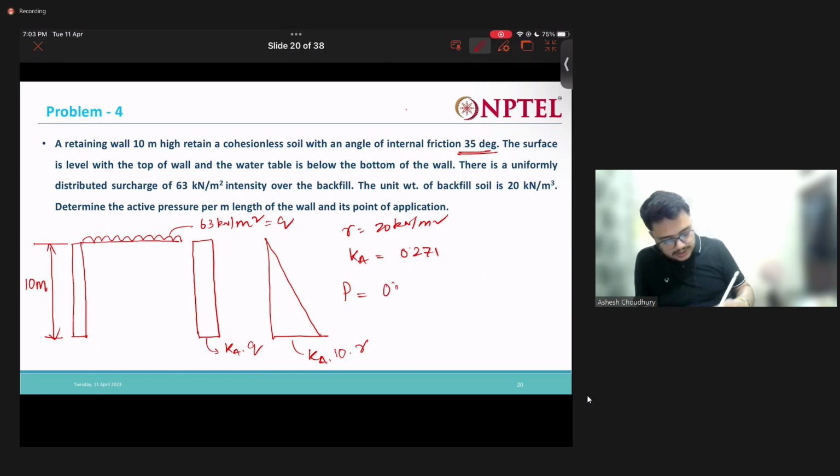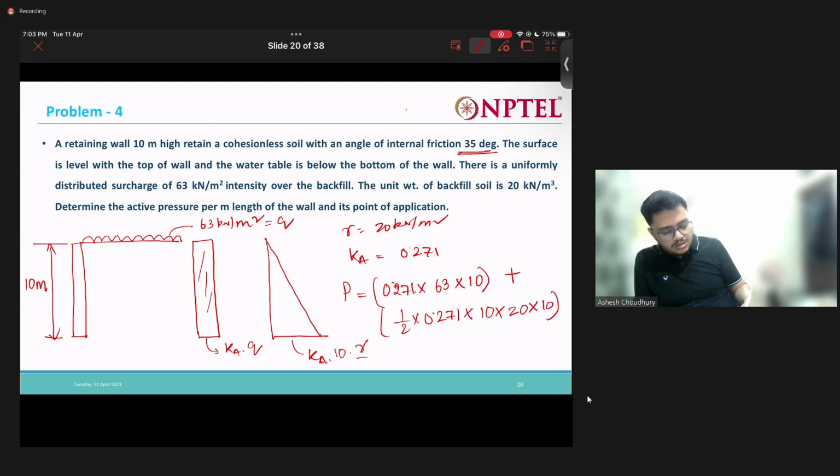So what is the area of this one? 0.271 into 63 into 10, plus for this triangle, half into 0.271 into 10 into 20 into 10.